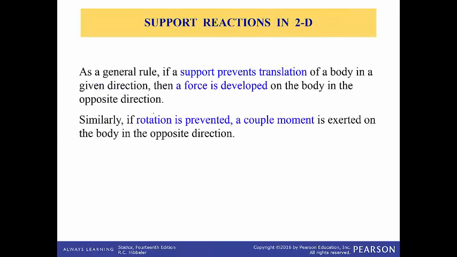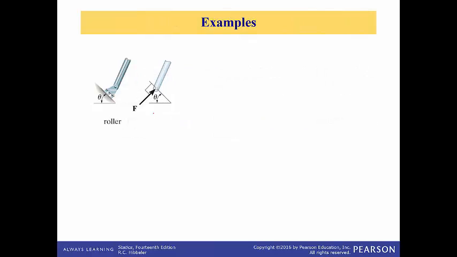So as a general rule, and we started discussing this already, if a support prevents translation of a body in X, then you have a reaction force in X. If a rotation is prevented, then a couple moment is exerted. So like in this case, you have a roller, and the roller can move up and down.